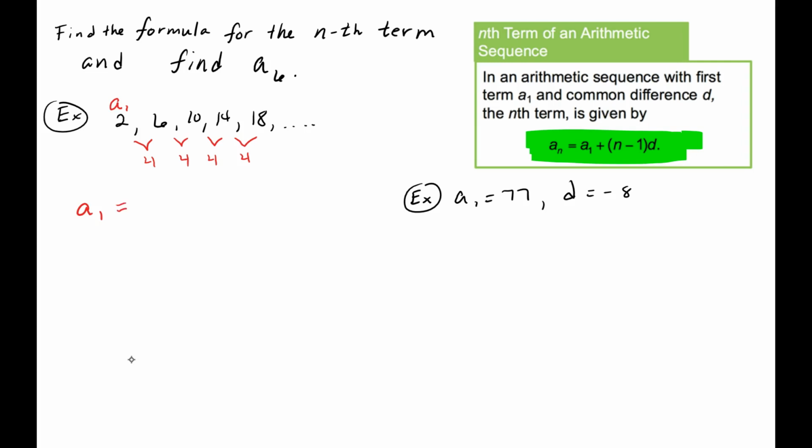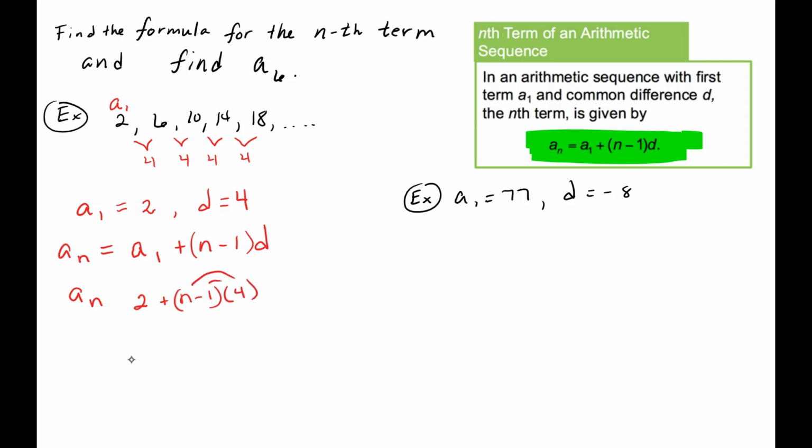If a1 equals 2 and d equals 4, then a sub n is going to be a1 plus n minus 1 times d. We're going to leave everything in terms of n for a second. a1 is 2, plus n minus 1 times 4.